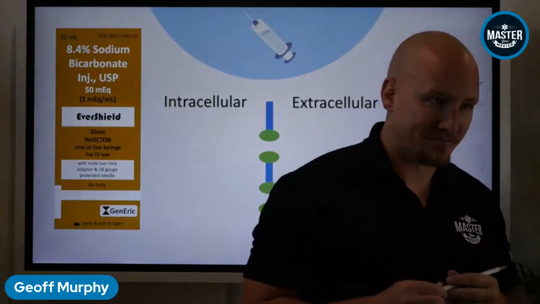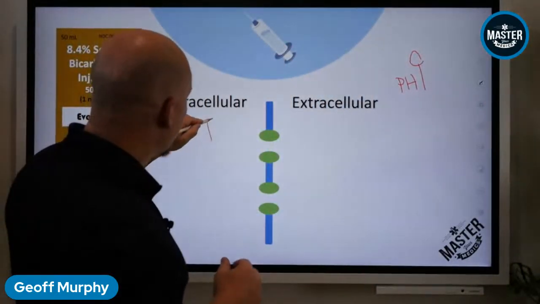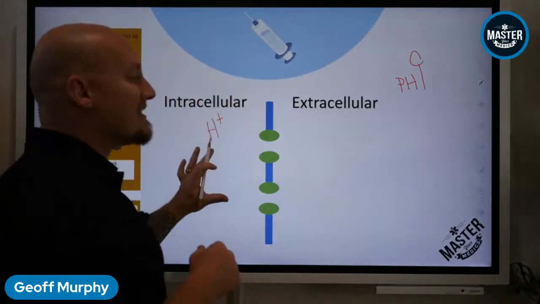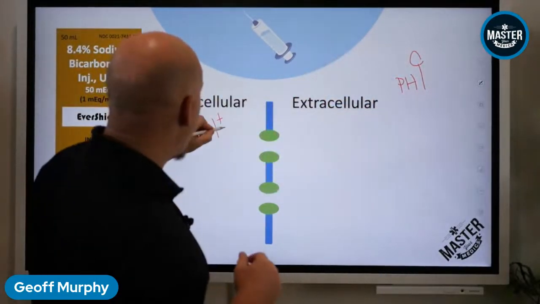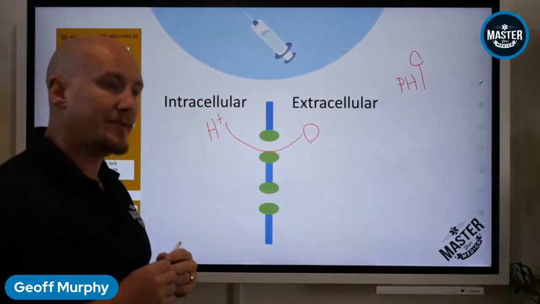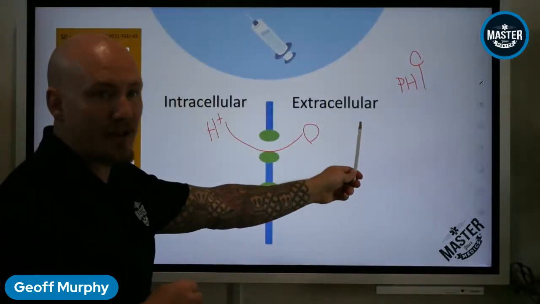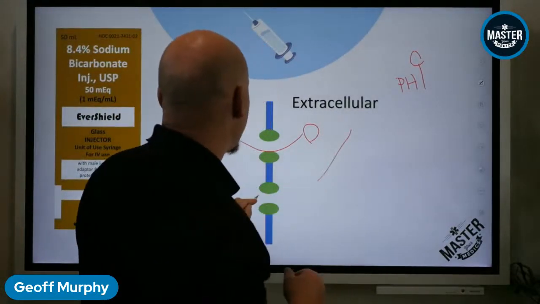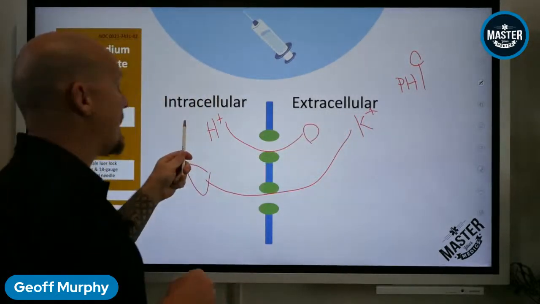Now, what does that do? Well, it actually, indirectly, is going to take the hydrogen that's in the cell, and when we have a more alkalotic environment out here, hydrogen from inside the cell wants to come out here and buffer it. When we have the promotion of hydrogen shifting to the extracellular areas, we get a shift of potassium into the cell.